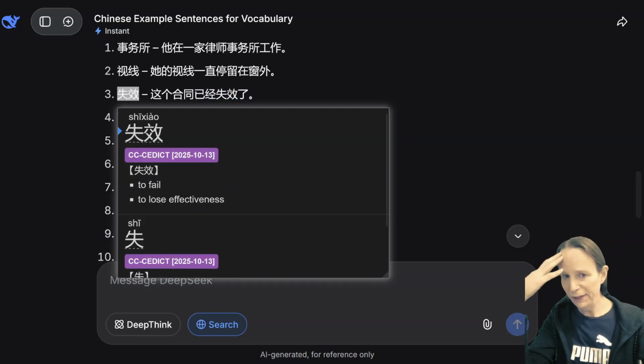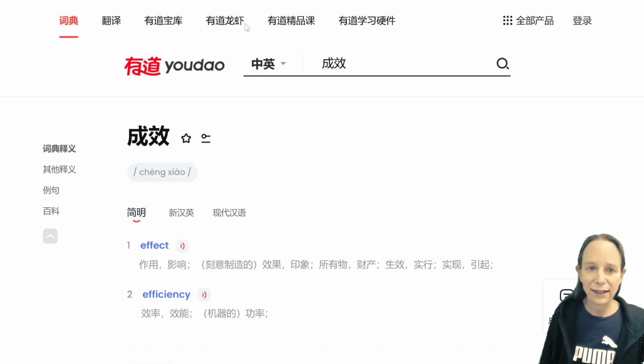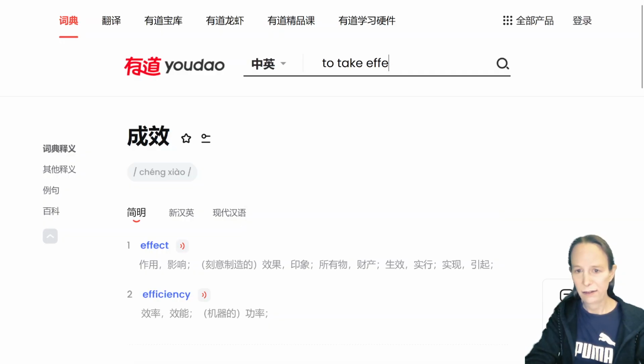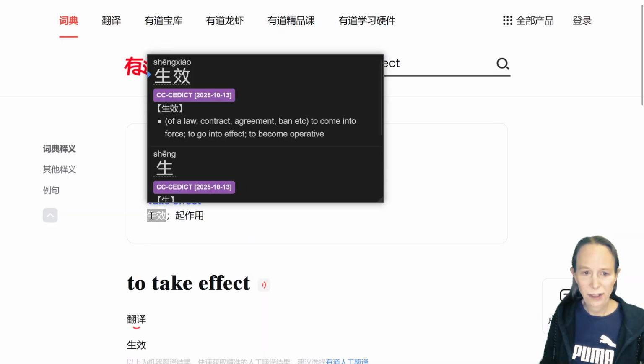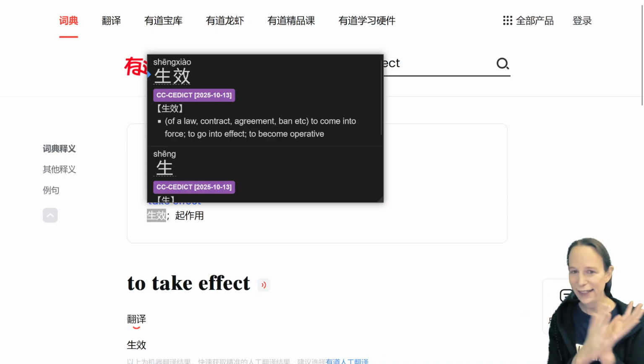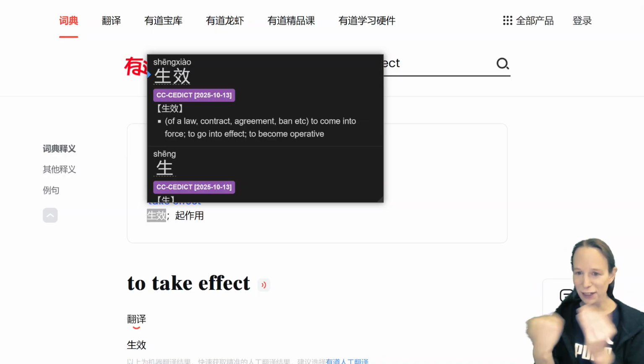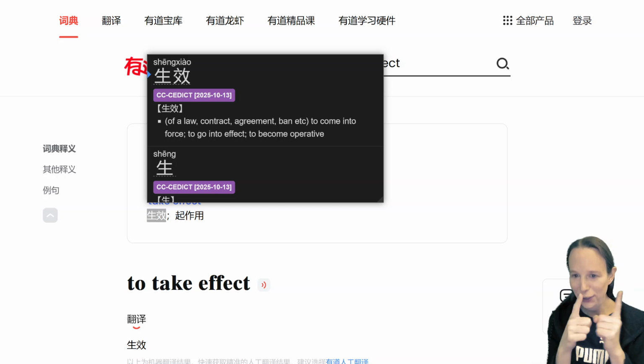What would be the opposite of 失效? Is it 成效? I assume it's this, to take effect. 生效, this one. This is the opposite. 生 is to go from a state of non-existence to a state of existence. So 生效 is the opposite.